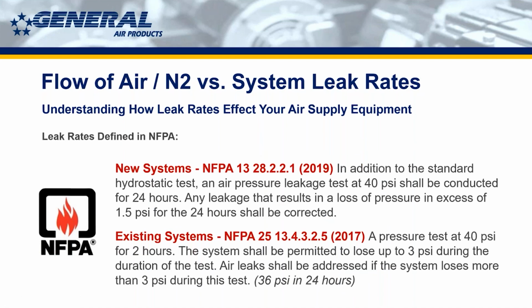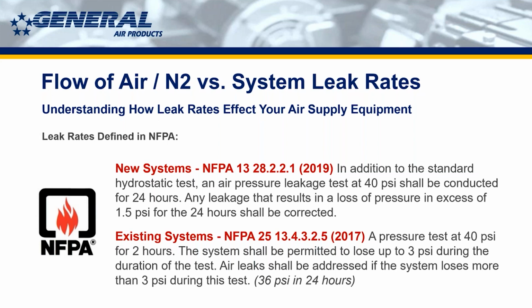Okay. New systems fall under the following allowable leak rate, and that's 1.5 PSI for a 24-hour period. So basically, when an installing company puts a system together, they have to monitor the pressure gauge for a 24-hour period to make sure that it doesn't drop pressure more than 1.5 PSI in a 24-hour period.